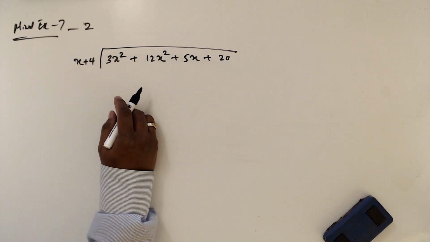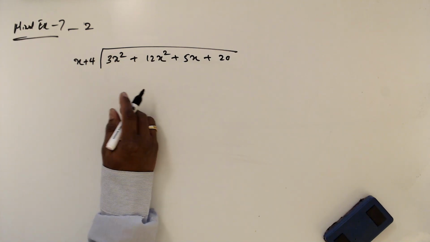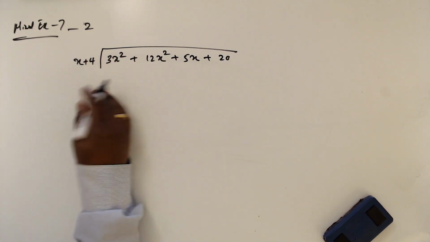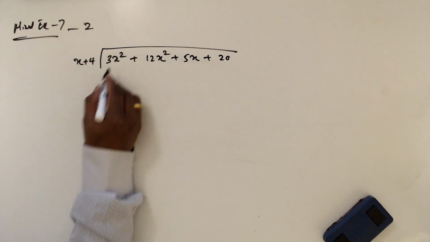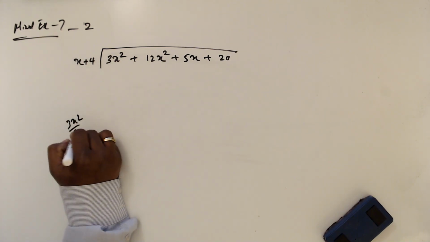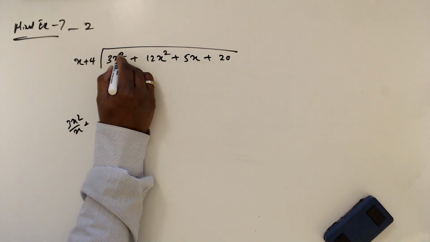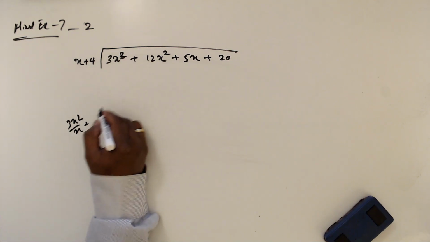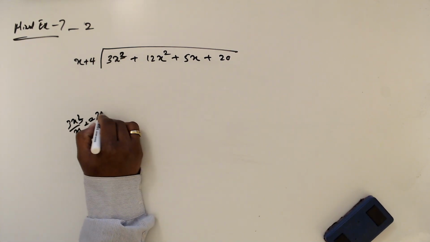So question number 2 is a division. 3x cubed divided by x is 3x squared.